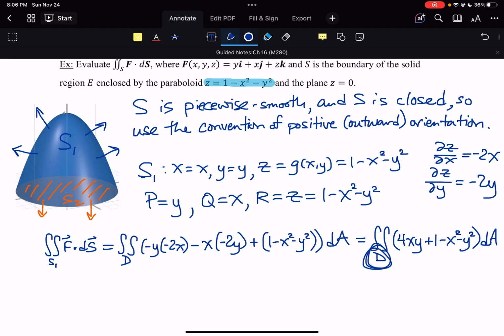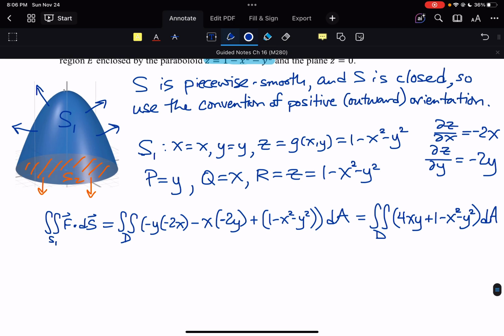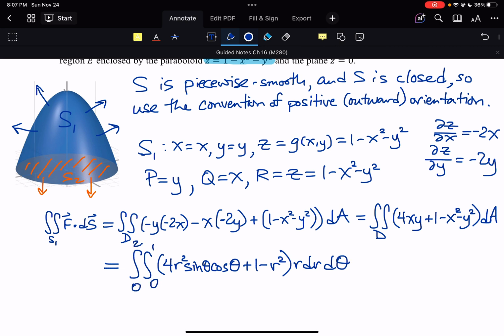Now the region D that we're integrating over is everything bounded within this circular disk of outermost radius 1 on the plane z equals 0. So we need to convert this to polar. That's going to be 4r squared sine theta cosine theta plus 1 minus r squared, that would be the x squared plus y squared, and then r dr d theta, with r from 0 to 1, theta 0 to 2 pi.